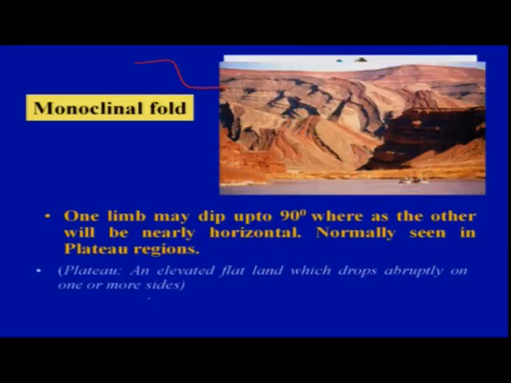So this is an example of that. This area we can say is a plateau area, and here one limb is dipping steeply. That is a monocline.